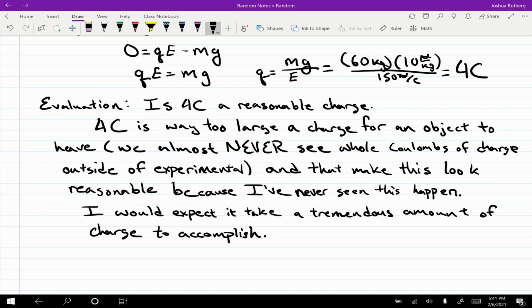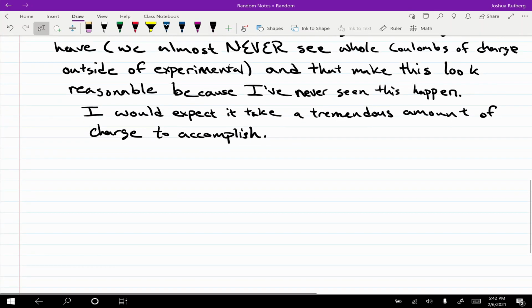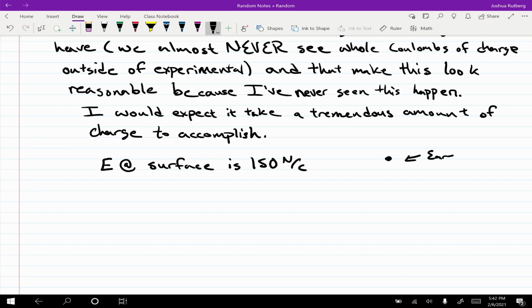So one thing that I could do is, what is actually the charge on the Earth in this example? We are told that E at the surface is 150 newtons per coulomb. I can calculate what the charge on the Earth must be in order to get that E field near the surface. Here, I'm going to treat the Earth as a point-like charge. So that is my Earth, and I'm looking at the E field at some distance away from it, where that distance is the radius of the Earth.